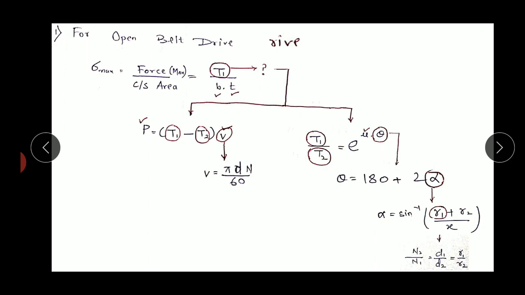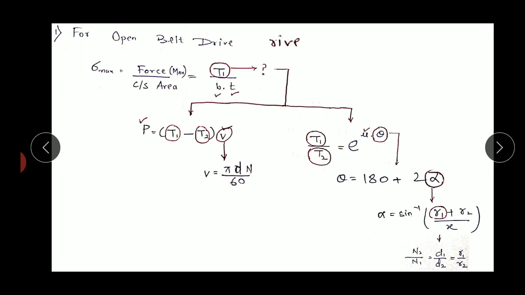So d1 upon d2 we can rewrite as R1 upon R2, because it is twice R1 divided by twice R2. So the 2 gets cancelled, and you will get N2 upon N1 is equal to R1 upon R2. R1 is unknown, but R2 is given, and N2 and N1 are both known. That's why we can easily find R1.